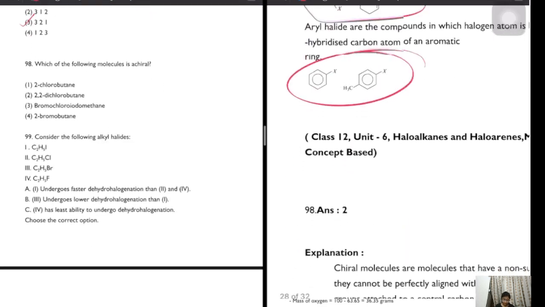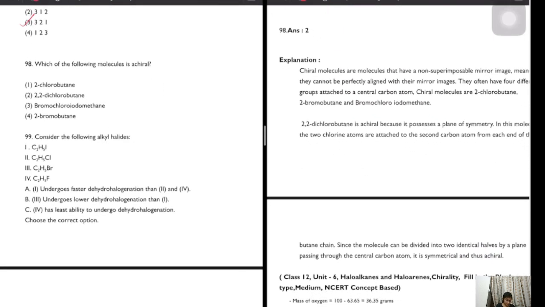Okay. So, in the next question, we have: which of the following molecules is achiral? That is, we have a carbon and it has different groups altogether. It has no same group. Now we have 2-chlorobutane, C, C, C, C here and Cl. Now you can see that this is chiral, right? 2,2-dichlorobutane.